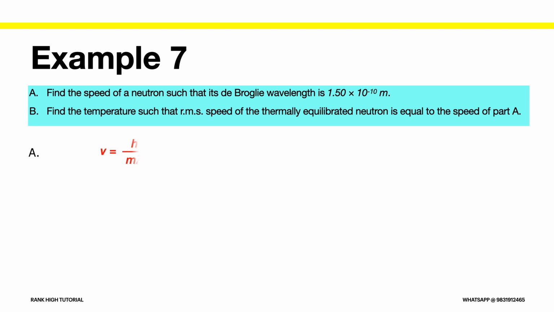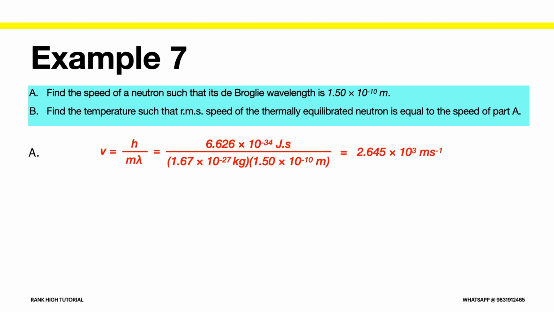In part A, we have to calculate the velocity of the neutron from the equation v = h/m lambda. Putting the values, we get 2.645 × 10^3 meter per second. That is the velocity of the neutron. Now part B. Here, first we have to calculate the root mean square velocity.